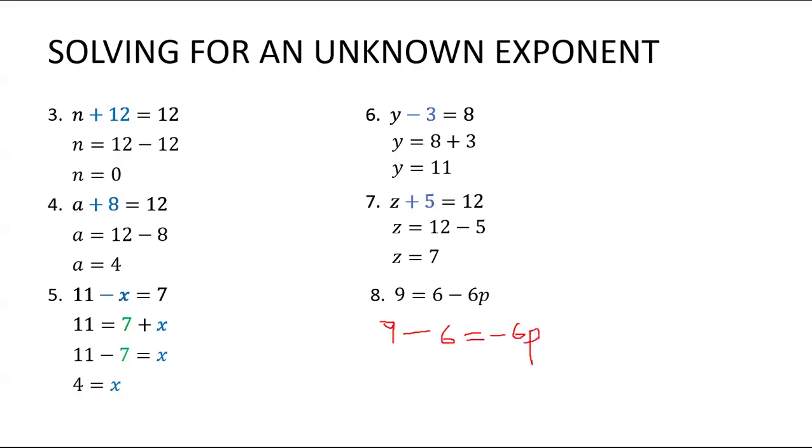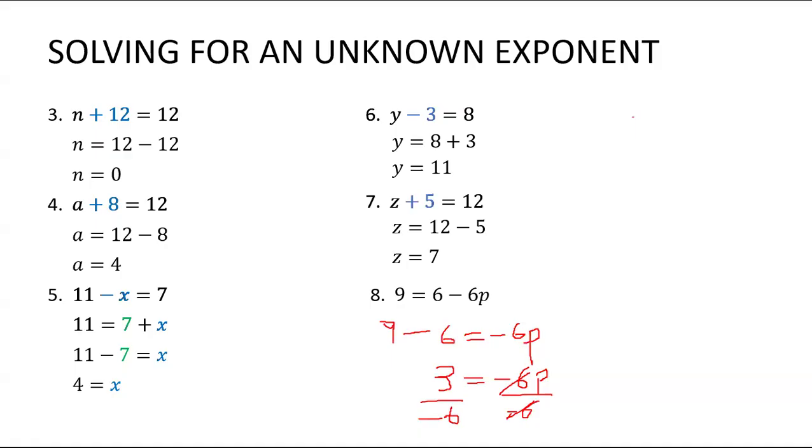So 9 minus 6 gives you 3 is equal to negative 6p, so I'll divide both sides by negative 6. And that was because I wanted to get rid of the coefficient of p. And it also automatically got rid of the negative.